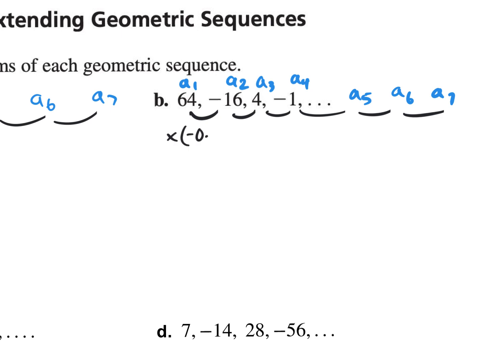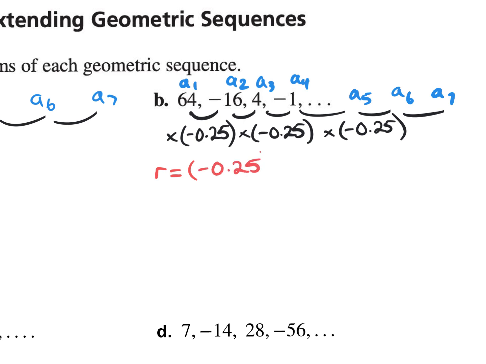Either way, you'll find that we are multiplying by 0.25, and because we're going from positive to negative and then negative to positive, we're multiplying by a negative every single time. Therefore, our common ratio is negative 0.25. I'm going to write that in these parentheses, negative 0.25.